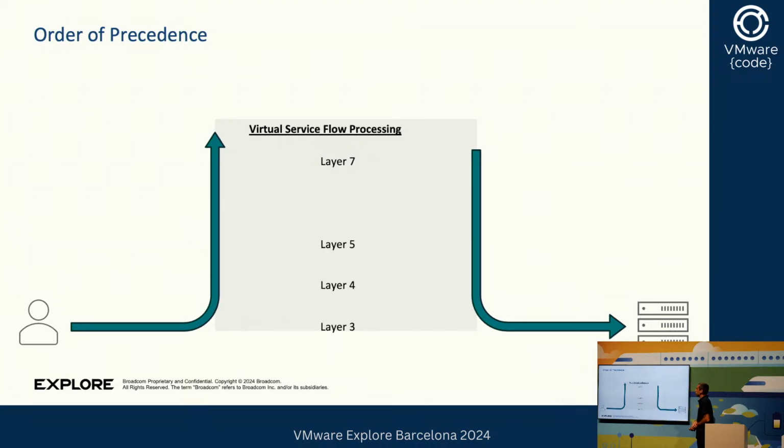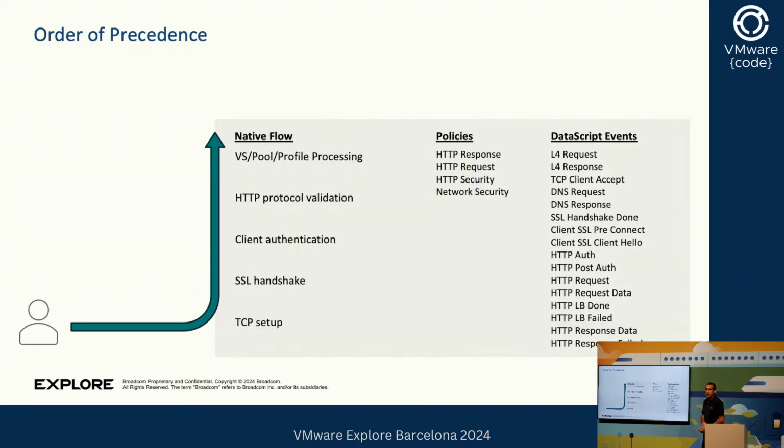But the reality is we are doing plenty of things. And when you create a Datascript, you need to understand this flow of order. So basically, of course, at the beginning we will handle this TCP session, then the SSL, then client authentication. But here you have some different things that you can leverage, right? You can say, hey, I want to create an HTTP policy.